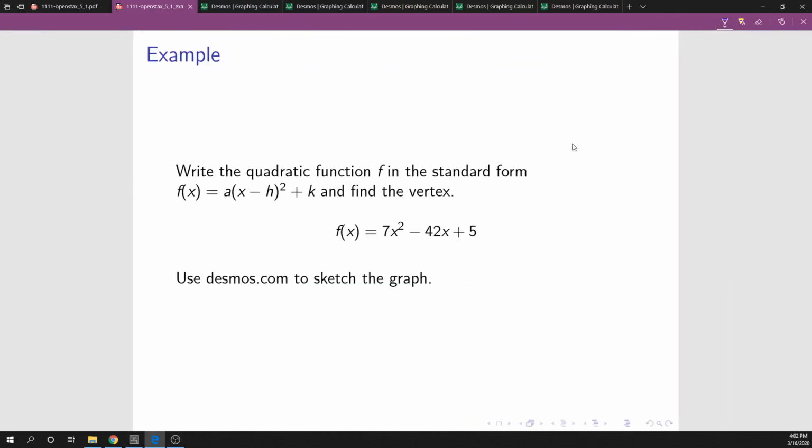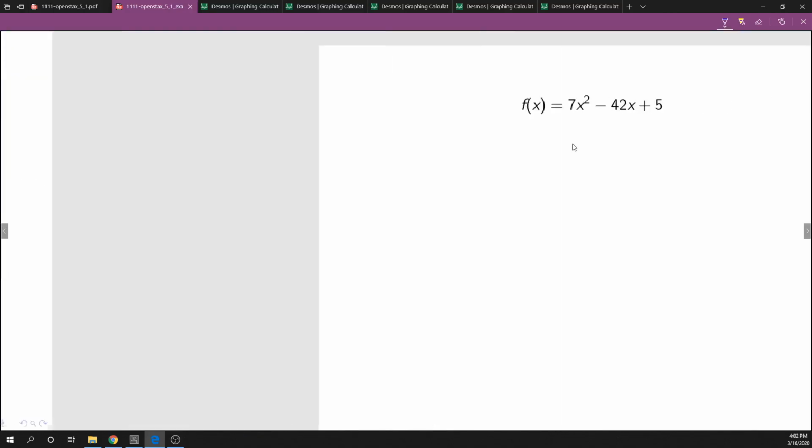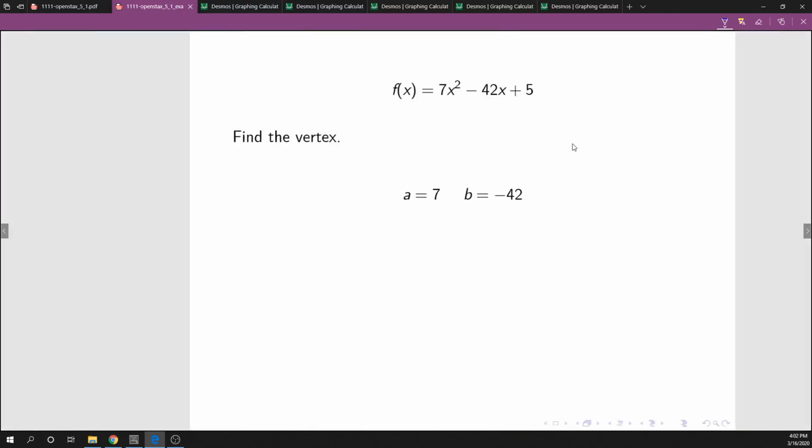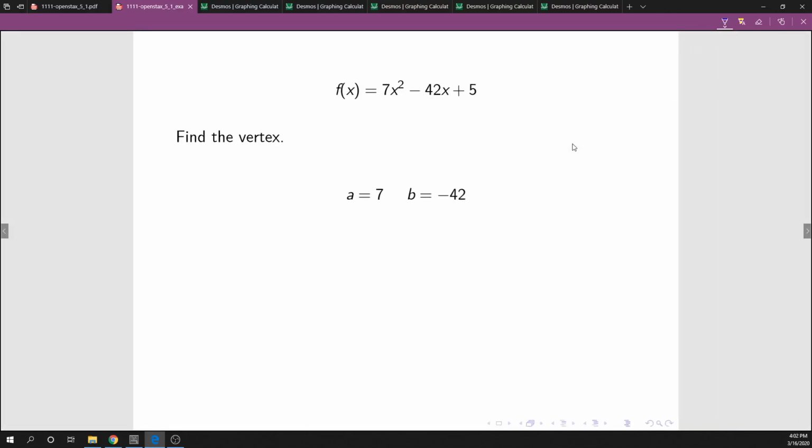All right, next example. Write the quadratic function f in the standard form and find the vertex. And then we'll sketch the graph. Okay, so same approach here. We're just going to find the vertex because that's not super hard to do. So pick off a is 7, b is -42, and then use the formula minus b over 2a.